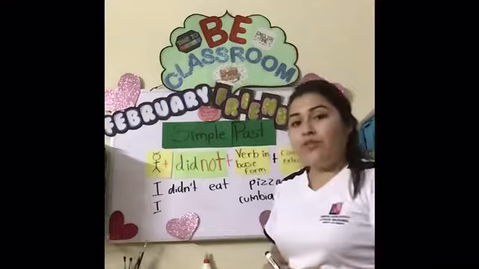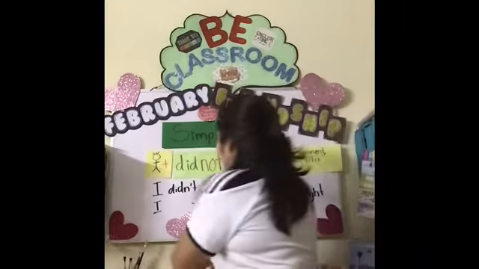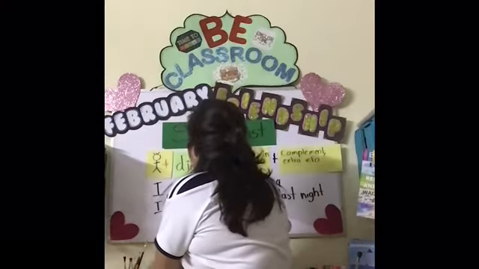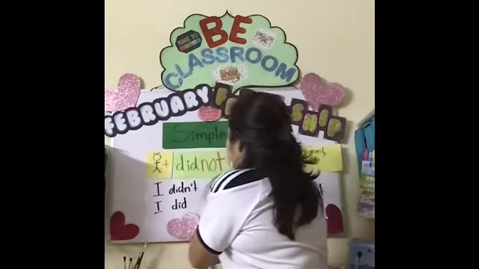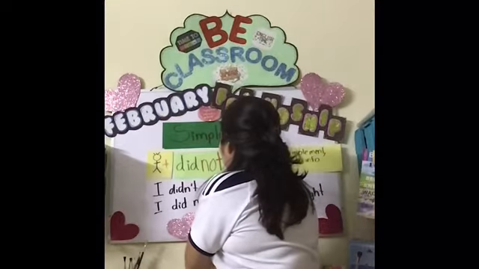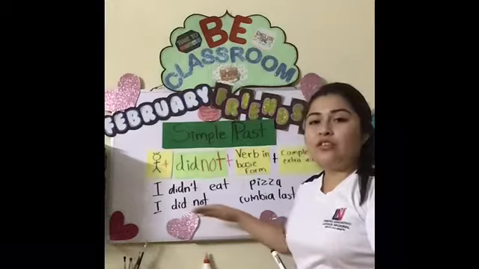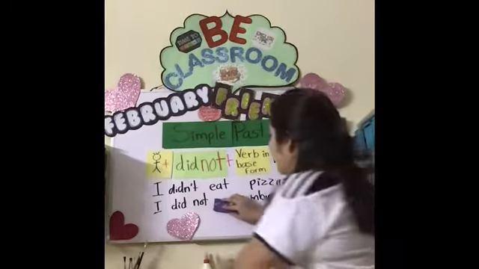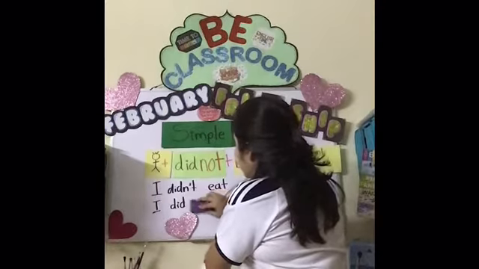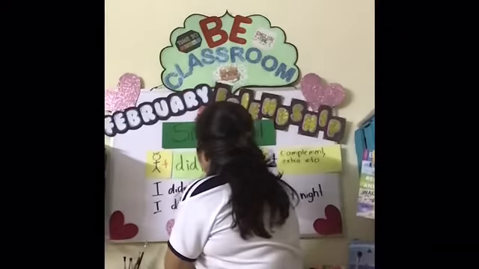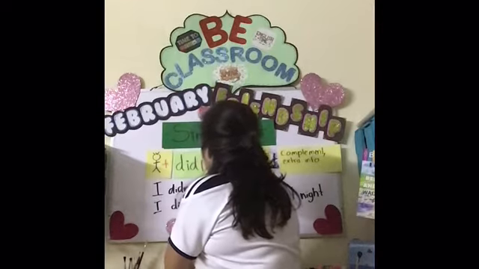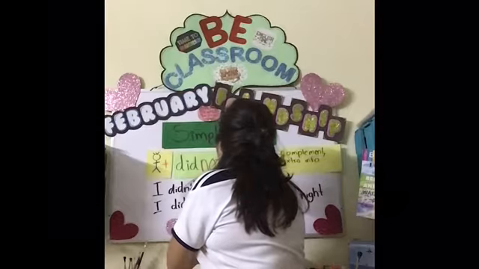And the other, for example, is the same. I, the auxiliary did, the word not. Remember, did not, or you can write the contraction. I didn't dance.